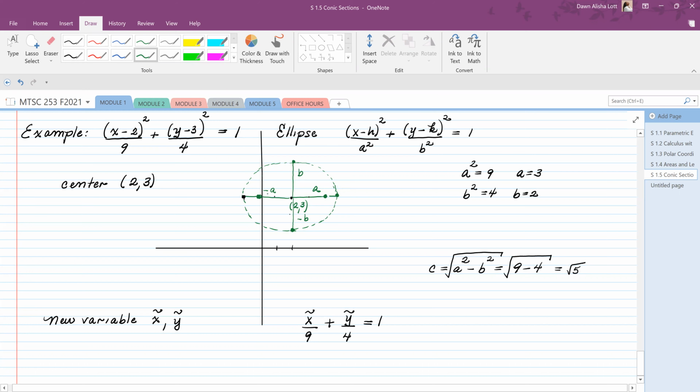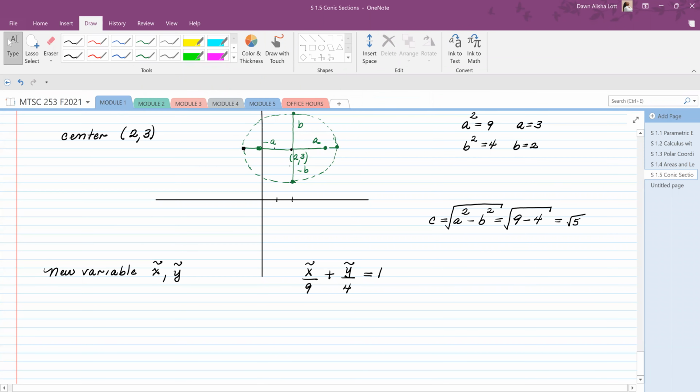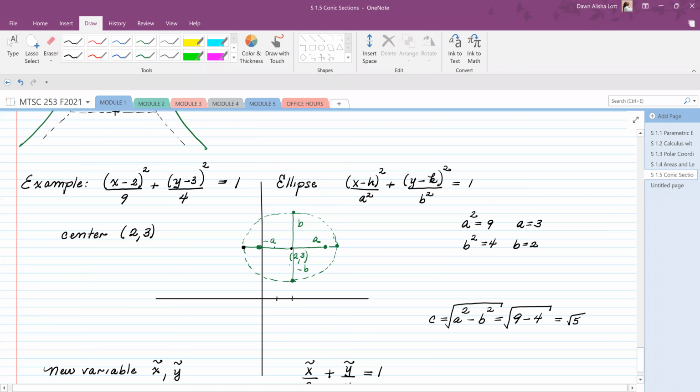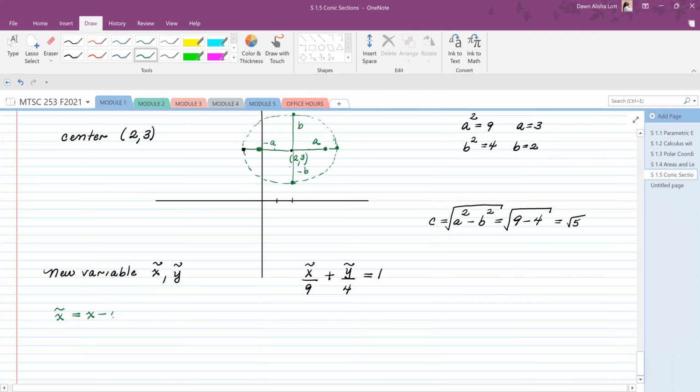Okay, so how do my foci move with respect to what I had before? Well, x tilde is x minus 2.